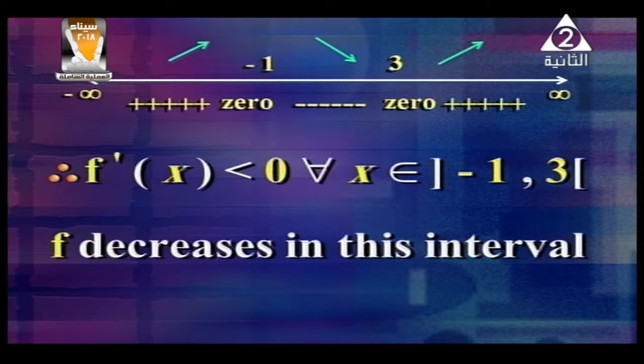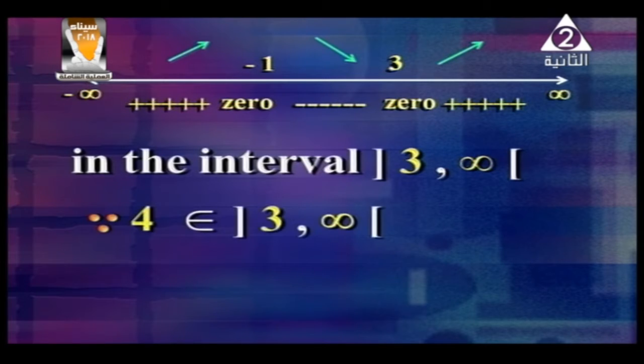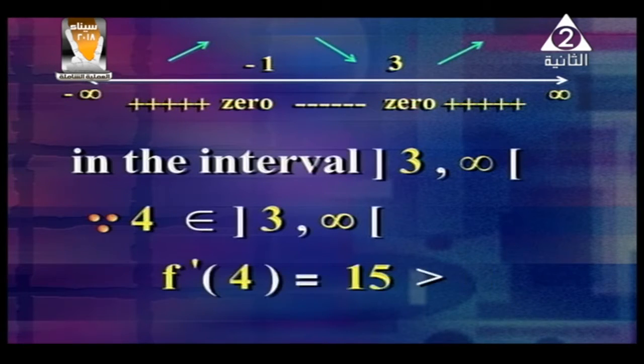Now we move to the third interval, the open interval (3, infinity). Take any number x that belongs to it, such as 4. Then find f'(4). By substituting x equals 4 in f'(x), we find f'(4) equals 15, which is more than 0.